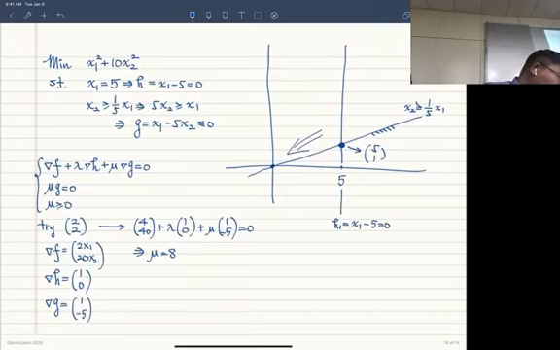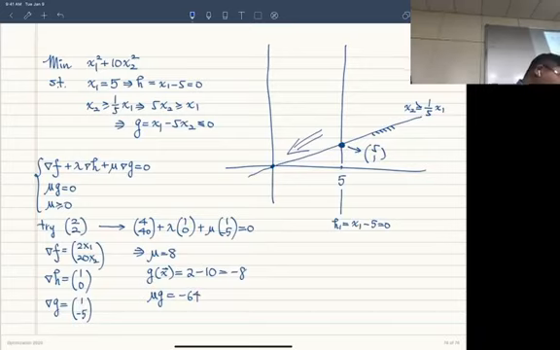And what is the function value of g? g of x in this case is x1, which is 2, minus 10. So this is negative 8. So my mu g in this case equals negative 64. So it doesn't satisfy.